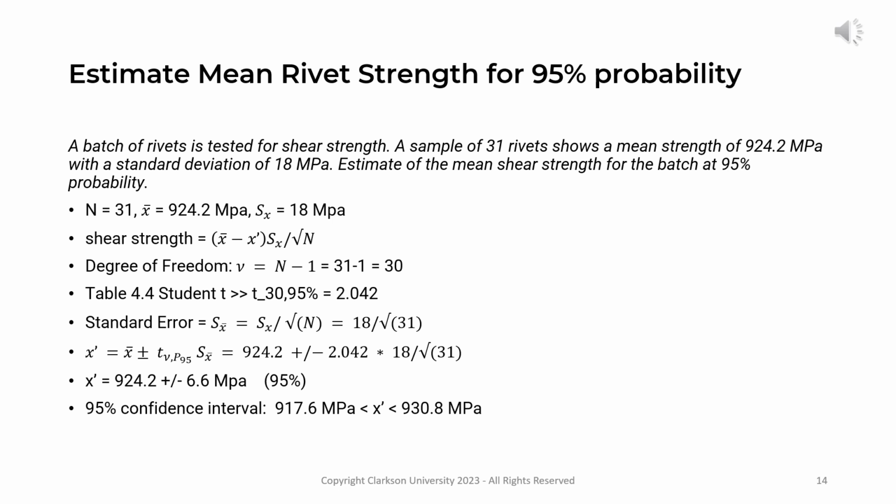That gives us a true mean value of 924.2 plus or minus 6.6 megapascals at 95% probability. That's our 95% confidence interval, or stated as a range, 917.6 to 930.8 megapascals is the mean shear strength for this batch of rivets.